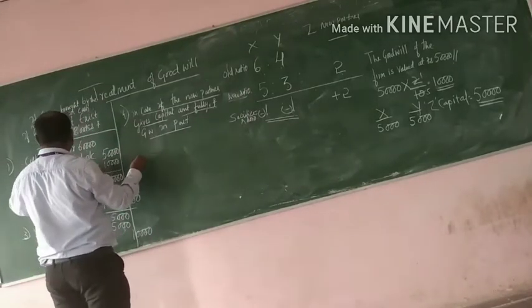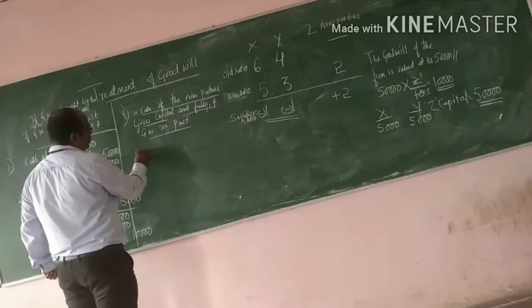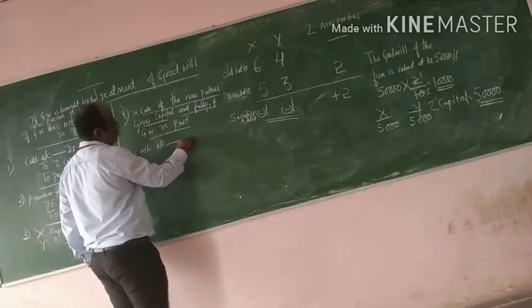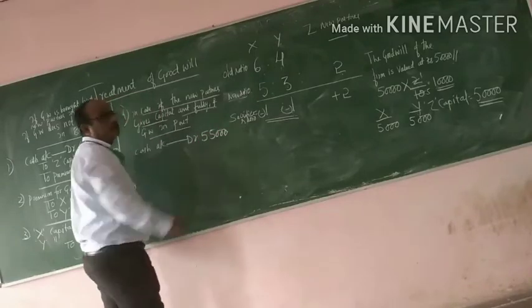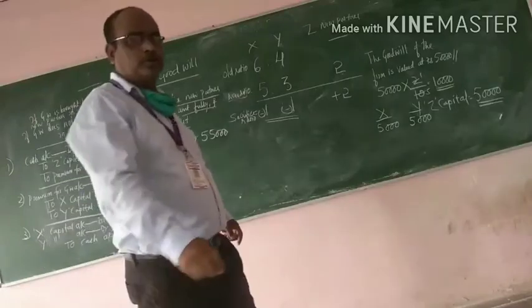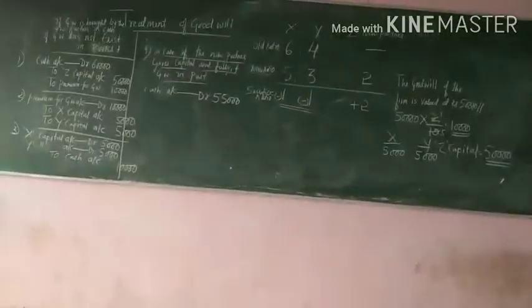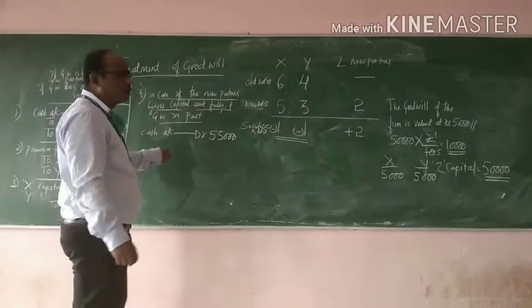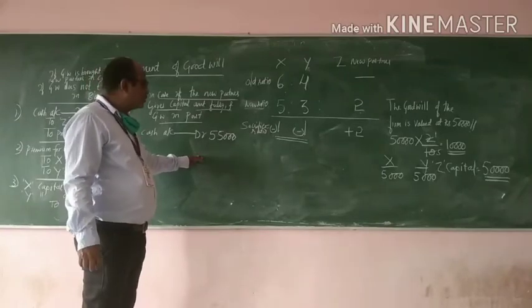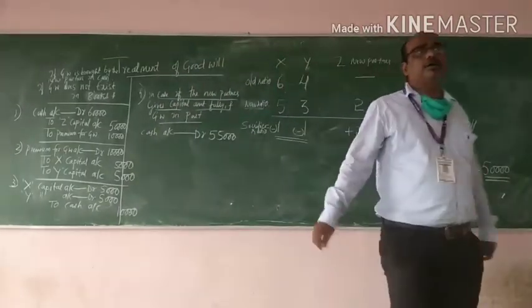Here this journal entry will come, and instead of the full amount, the cash account will be debited with 55,000, because he is not bringing the full amount of goodwill. He is bringing only 5,000, and he has assured that he will bring the remaining 5,000 afterwards.